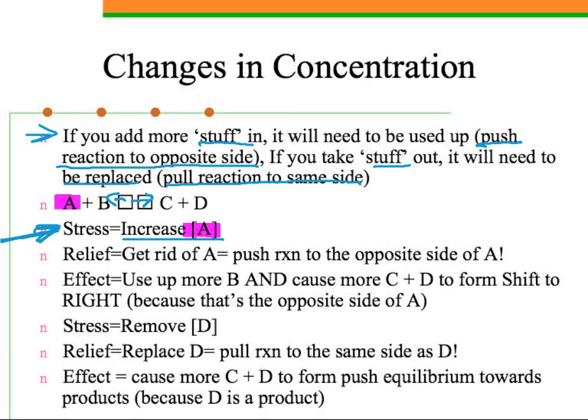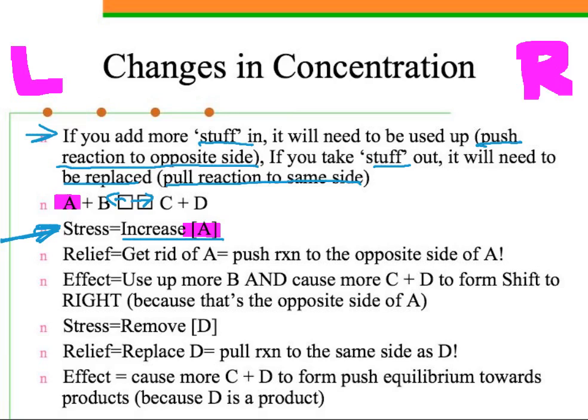So we're increasing A. The question on the table is, which way does the reaction shift? Here's left, here's right. Does it shift to the left? Does it shift to the reactant side? Or does it shift to the right? Does it shift to the product side?